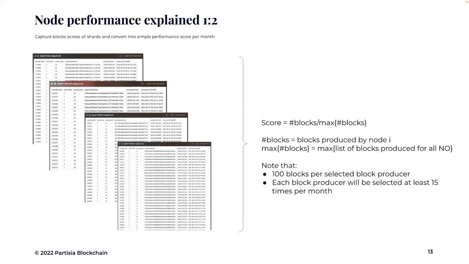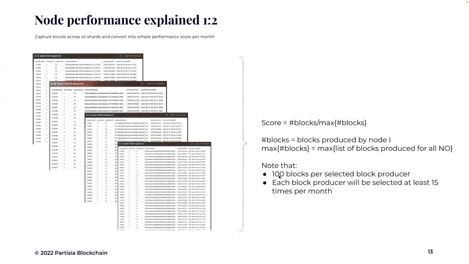to compute the efficiency of a given node, what we call the node performance score. And we make this relative to all of the nodes. So we take the number of blocks produced by a given node operator and divide that by the best practice, which is the max of the number of blocks produced across all of the block producers.